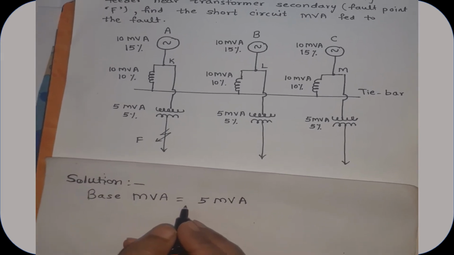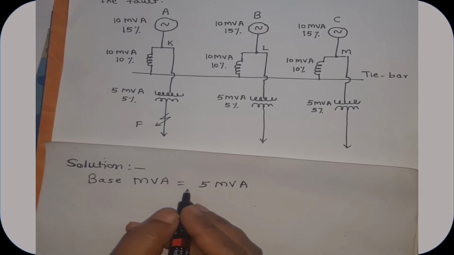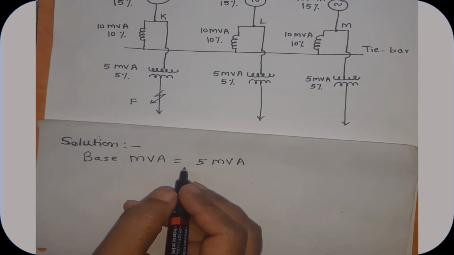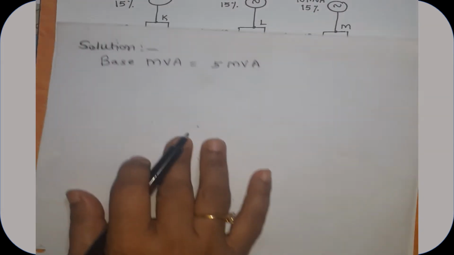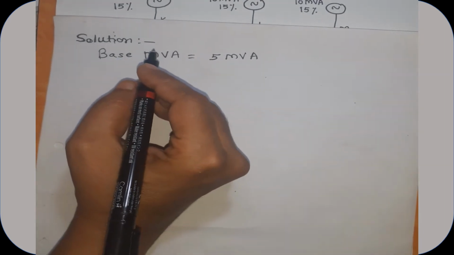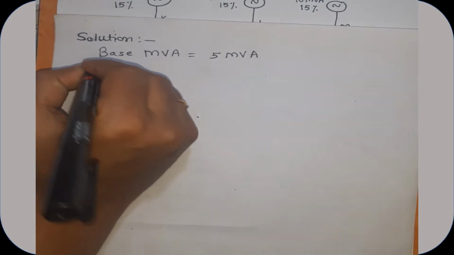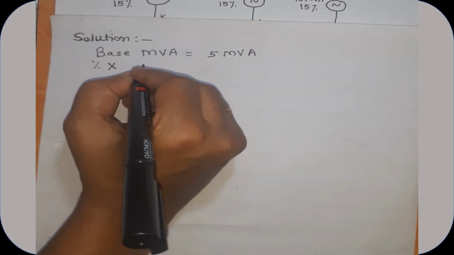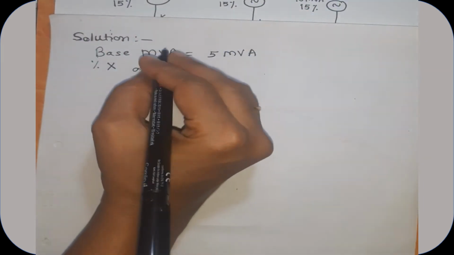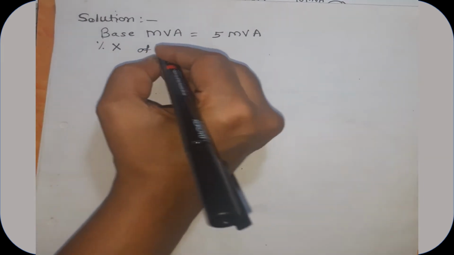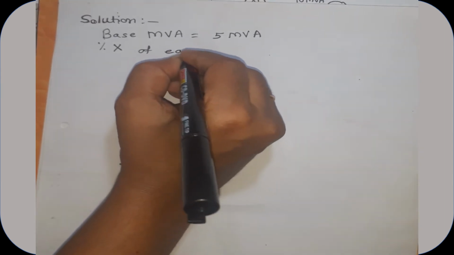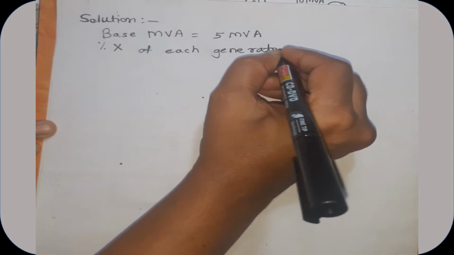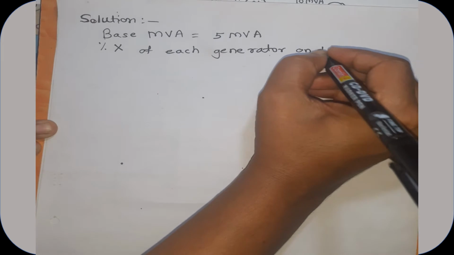The next step is converting all reactances of each and all components to a common base. So let us start one by one. We will start first with calculation of percentage reactance of each generator. All three generators are of the same rating, so we consider the percentage reactance of each generator on the base MVA.